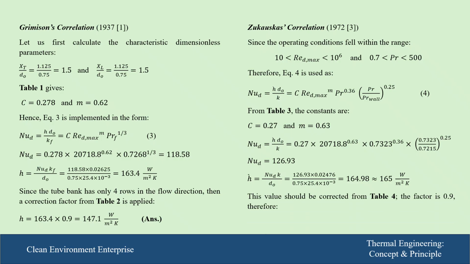We need to use a correction factor from table 4 because the number of rows in the flow direction is less than 20. Then the correction factor 0.9, obtained from table 4, should be multiplied by 165 to get the final heat transfer coefficient of air as it passes through this tube bundle, equal to 148.5 watt per meter square Kelvin.